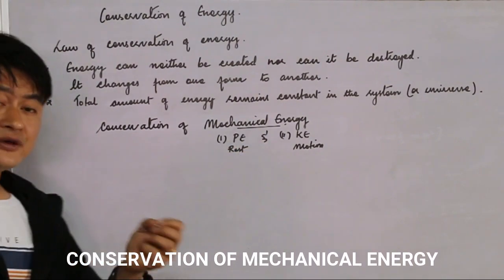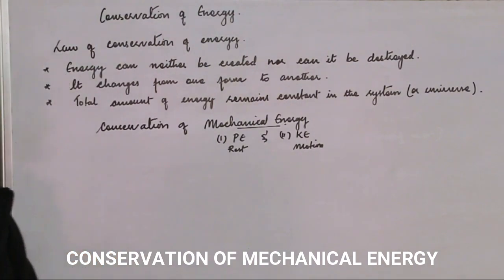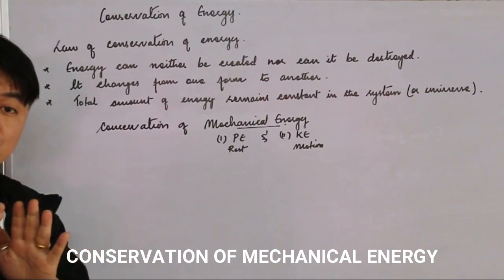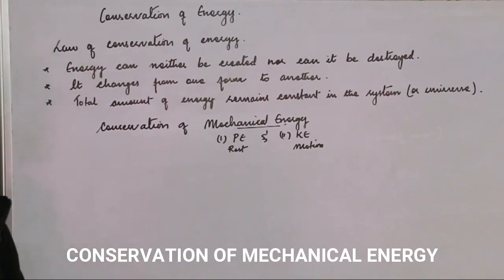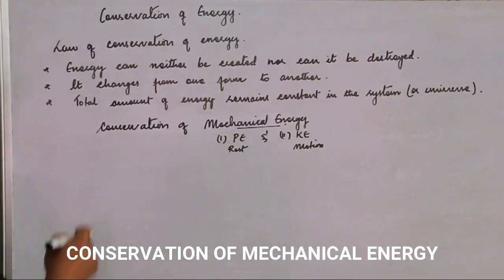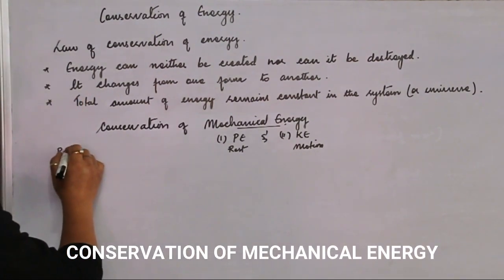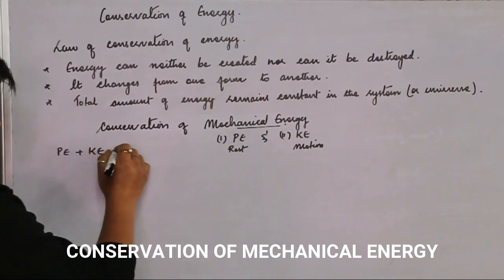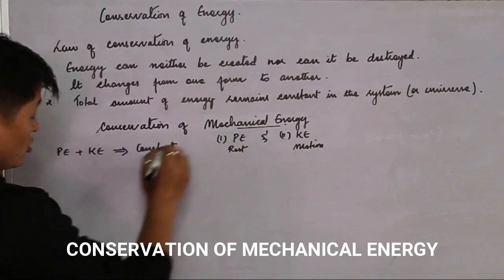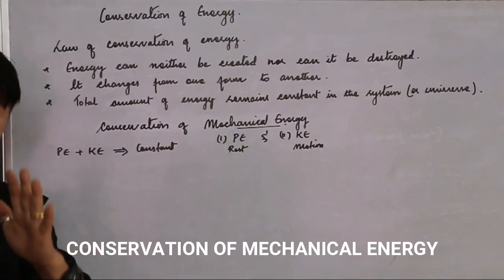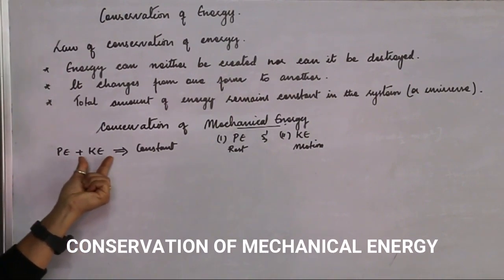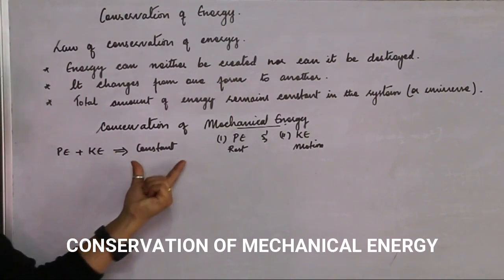If there is only interchange between the potential energy and the kinetic energy, ignoring all the external forces, the sum of potential energy plus kinetic energy will always be constant.